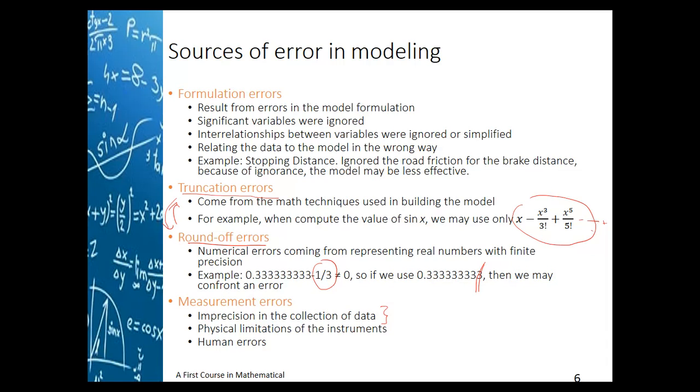For example, if you subcontract your work, you don't want to take all the data on your own, right? You cannot do everything on your own. You collect your data, but other people collect the data for you. They don't know how severe the data is that you want, all right?